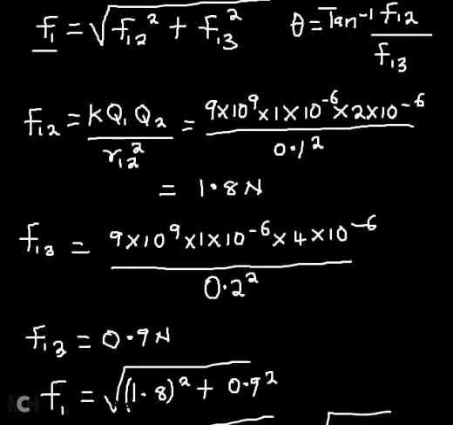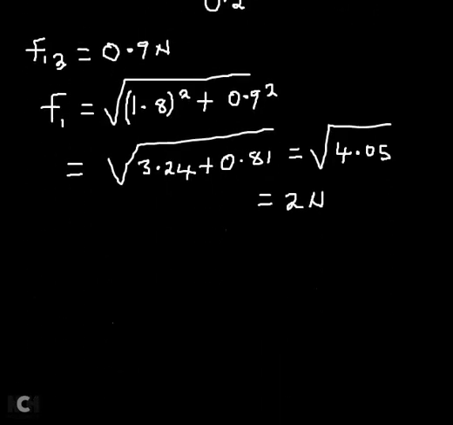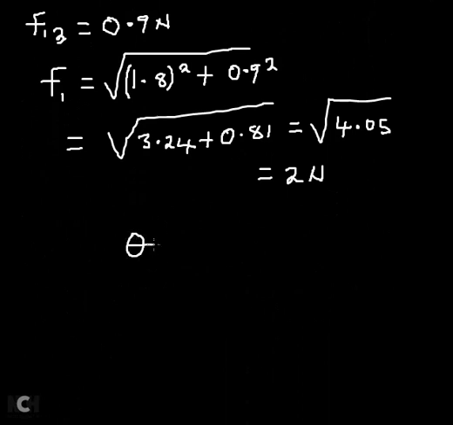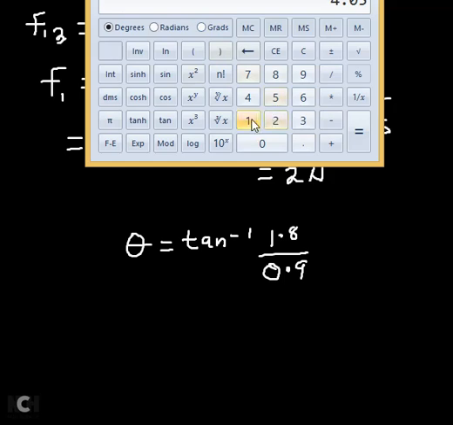All right, and the direction theta is gotten by finding the tan inverse of F12, which is 1.8, divided by F13, that is 0.9. So let's get that done. 1.8 divided by 0.9, what do we have? That's 2.